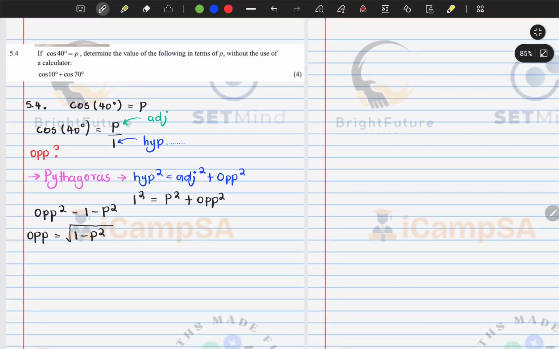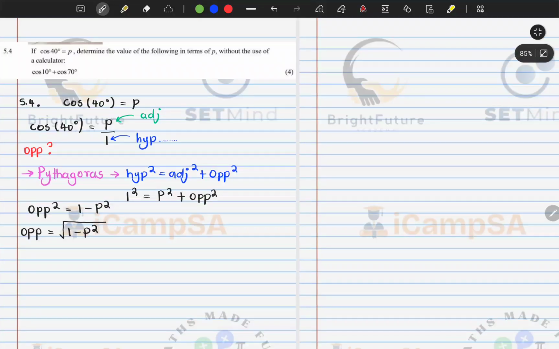Okay, so that is what we have, guys. Now we need to deal with the next question. What I prefer to do after we are done with this is to quickly draw a rough sketch of what is happening. So we need 90 degrees, and let's label the 40 degrees angle.